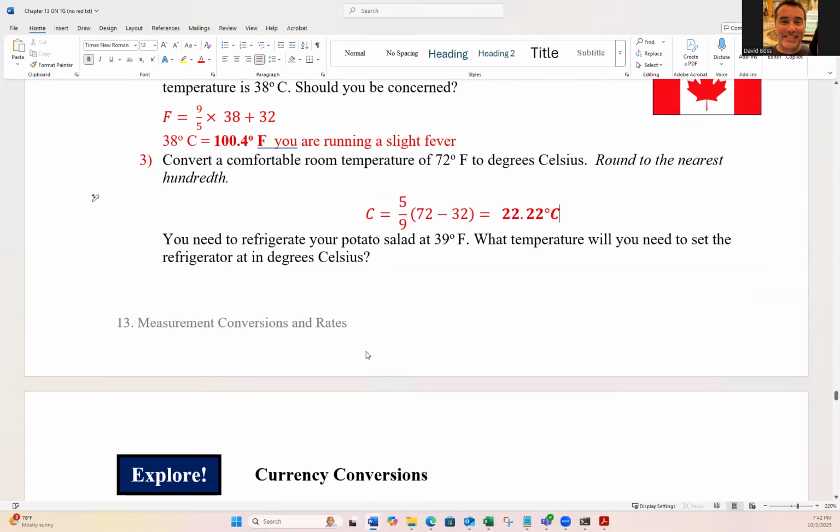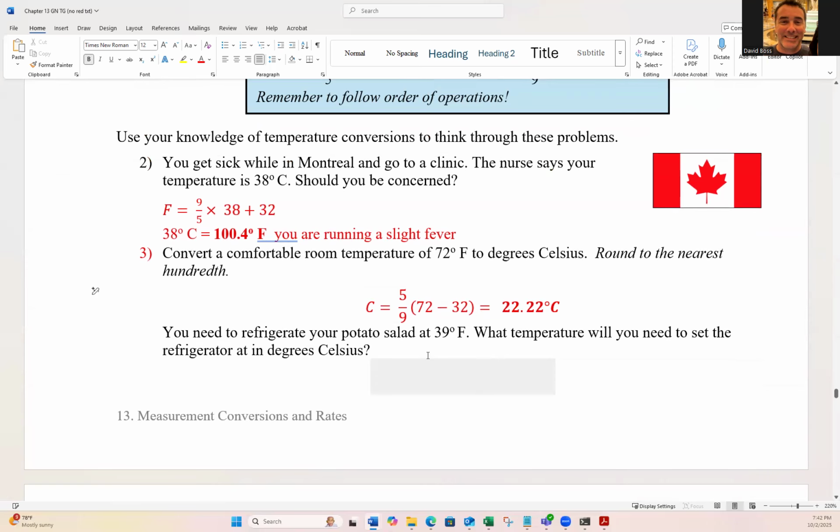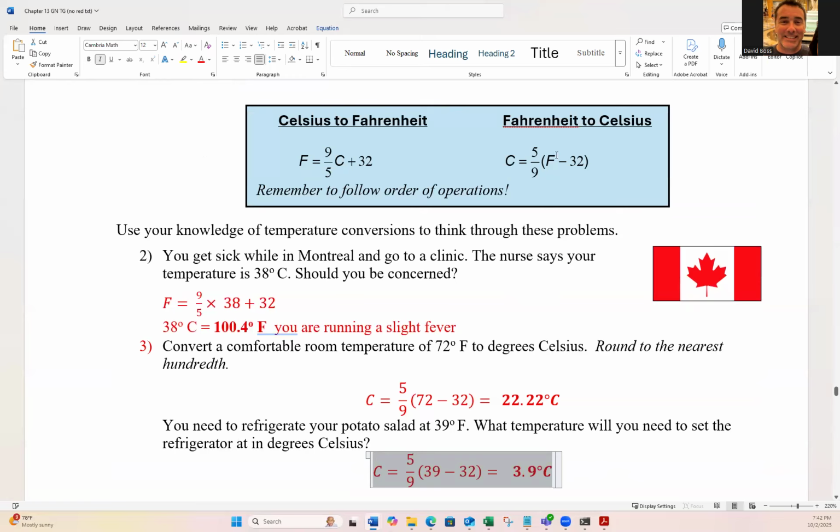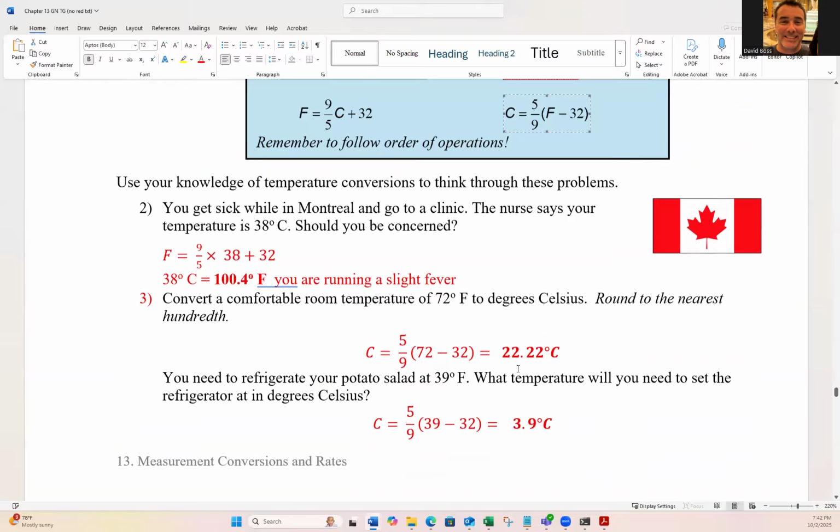Okay, this is important. You need to refrigerate your potato salad at 39 degrees Fahrenheit, otherwise it'll become poisonous and deadly. So you want to convert Fahrenheit to Celsius. So you use this equation right here. You plug in 39 for F. I'll show them both.